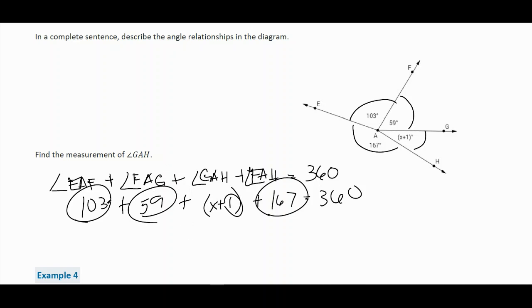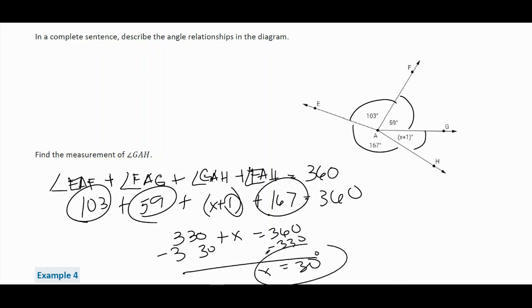So adding those four numbers, we're going to have 330 plus x is equal to 360. So subtract 330 here, subtract 330 there. X is going to be 30 degrees. But are we done? No. It says here x plus 1. So it is 30 plus 1, 31 degrees.